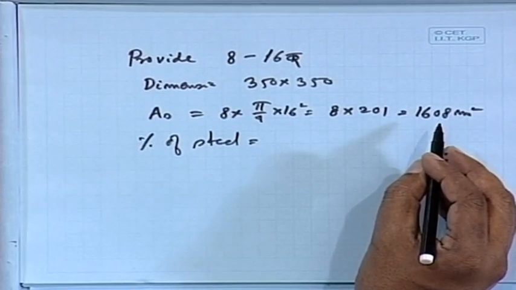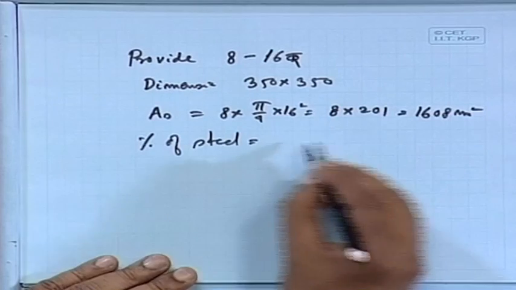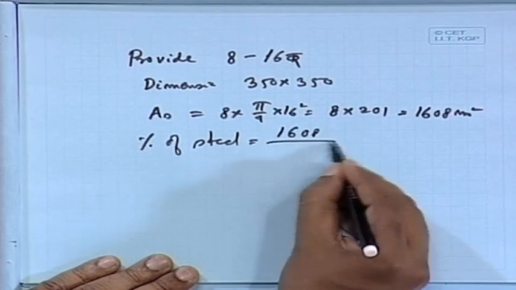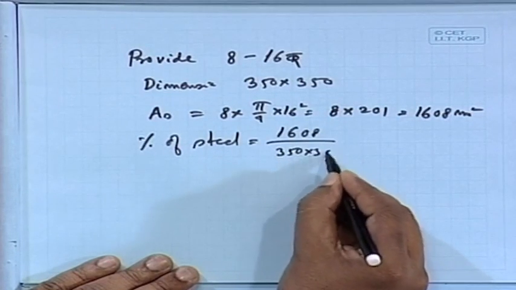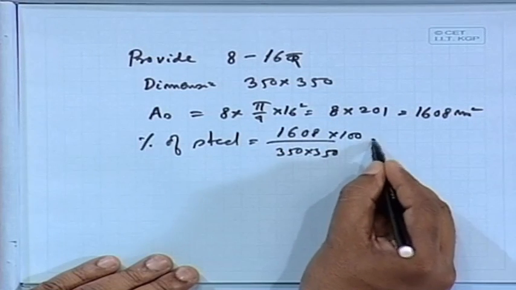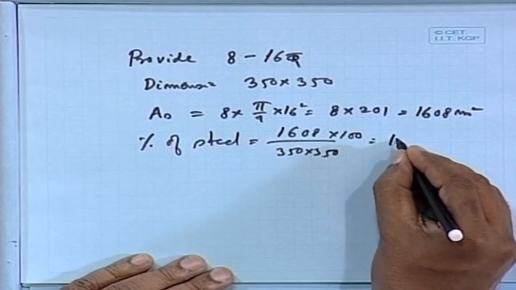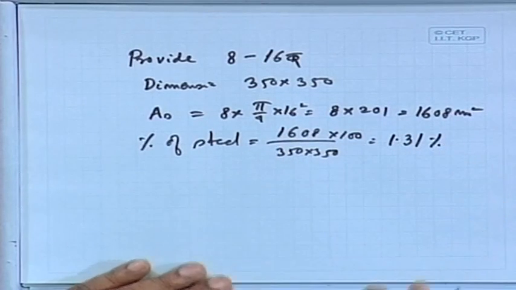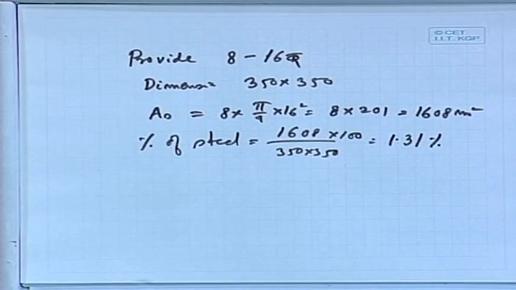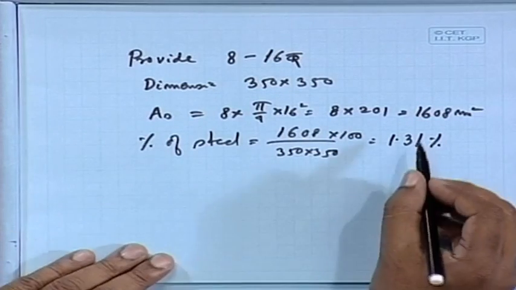Percentage of steel we are getting here: 1608 by 350 by 350. So, that means we are going to 1.31 percentage. So, in that case we are going up to 1.31 percentage.